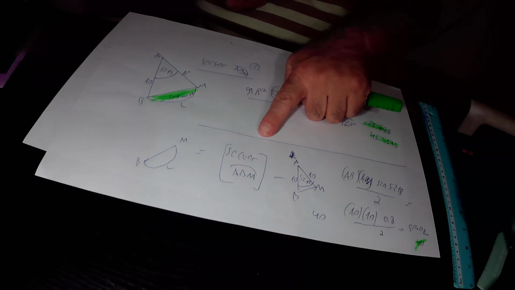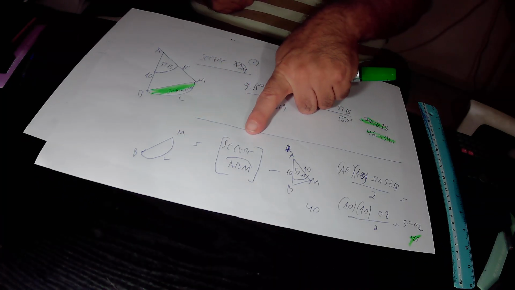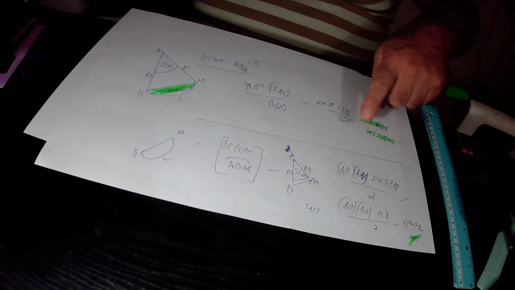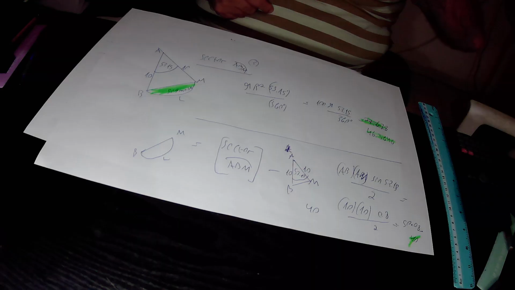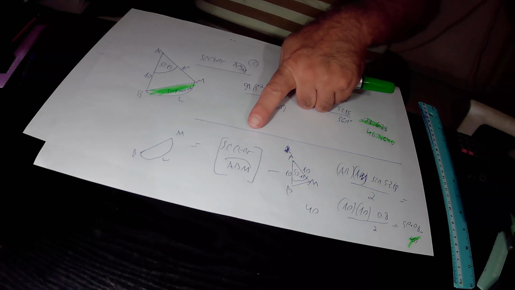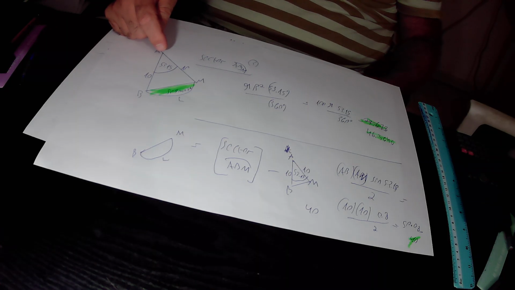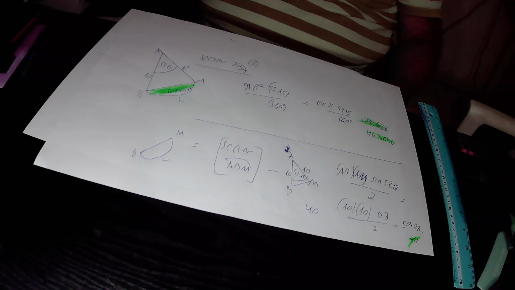And again, the area of the lower segment MLB equals the area of the big sector MAB minus the area of triangle AB. The area of sector AB, actually the area of any sector, equals the area of the circle that contains the sector times the angle between the legs of the sector, that is 53.15 over 360 degrees.